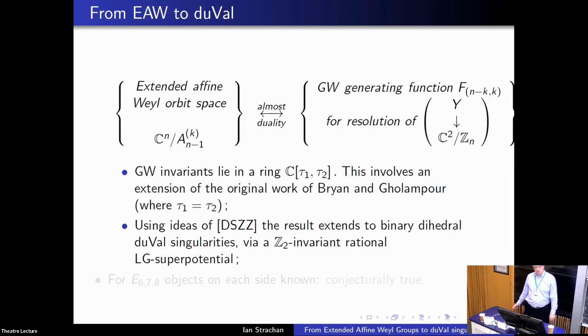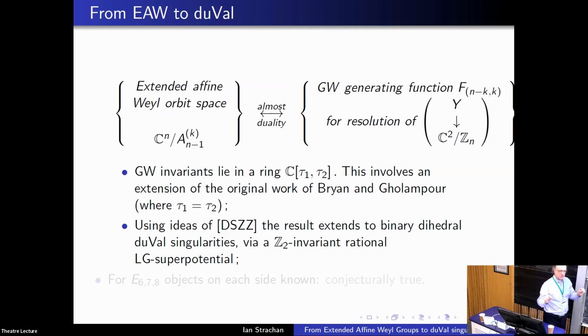What's next? You could also extend these results. In the original Dubrovin-Zhang paper on extended affine Weyl Frobenius manifolds, they do all the Weyl groups for A, and in the construction there's a marked node. There's certain root theoretic data you need, which you can think of as marking a node in the corresponding diagram. For the A case, they showed that you could take that marked node to be any one of the nodes.